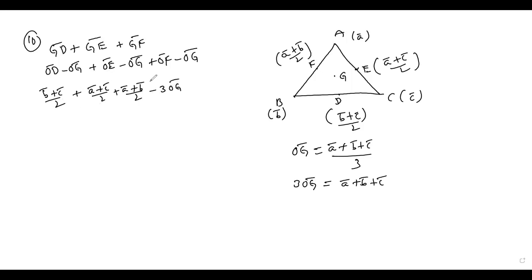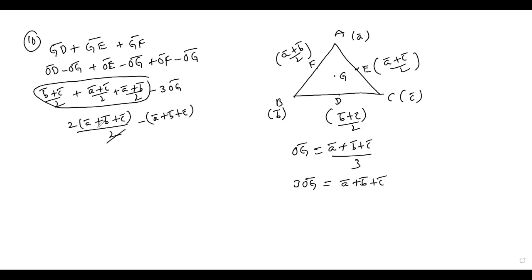By adding all three terms, taking LCM 2, 2a bar, 2b bar, 2c bar, that's why 2 is common: a bar plus b bar plus c bar by 2. 3 OG bar is nothing but a bar plus b bar plus c bar. The 2 cancels, and both are subtracted. What will we get? 0 bar is the answer. That is option A, I think. Option A is the correct one.